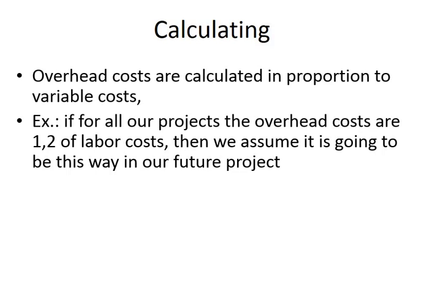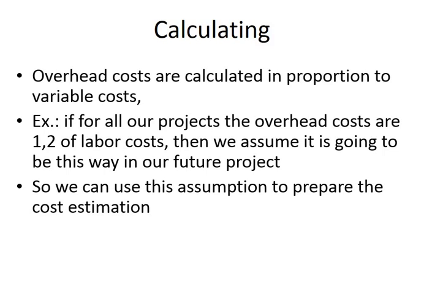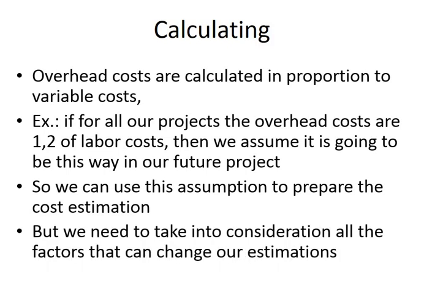And sometimes if you know that in the previous project it cost a particular sum of money, so now it is going to cost more or less the same, multiplied by the relation of the total cost of the future project to the previous one. You need to take into consideration the factors that can change those costs.